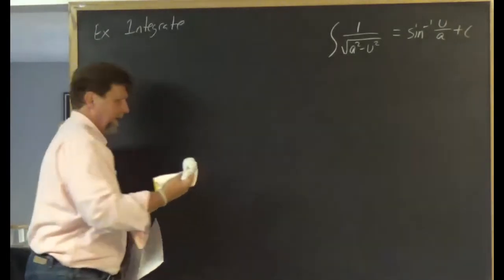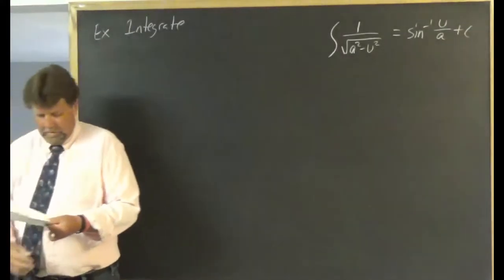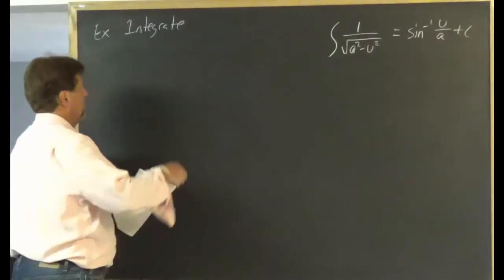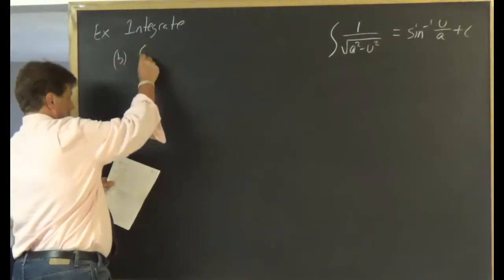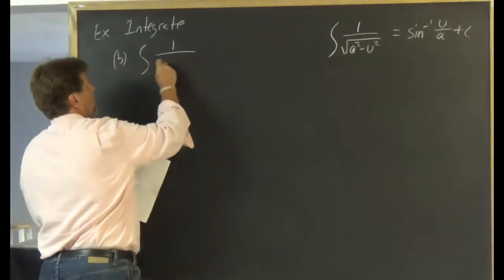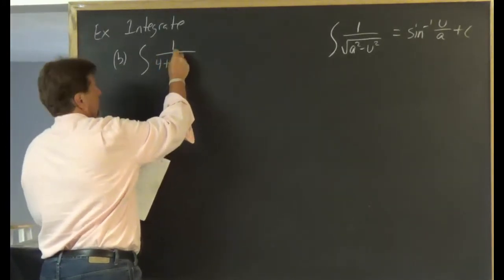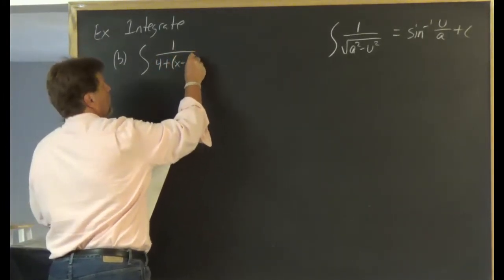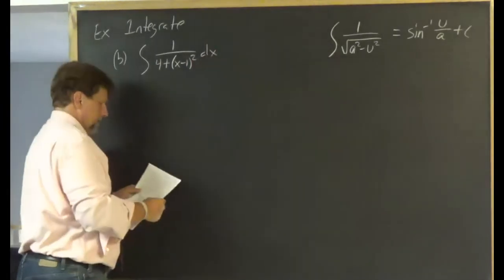So part B was the integral of 1 over 4 plus (x minus 1) quantity squared dx.